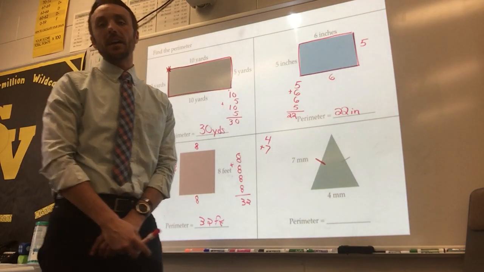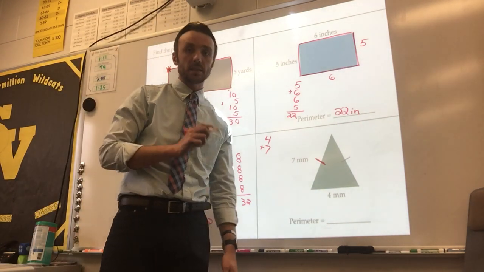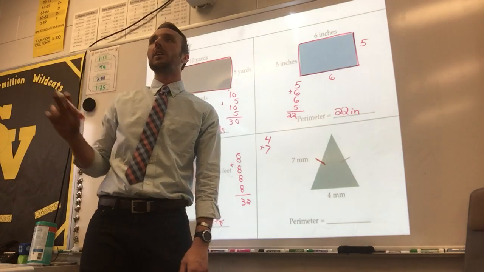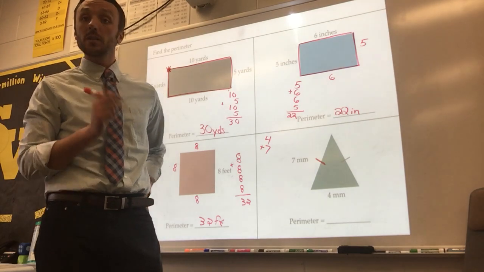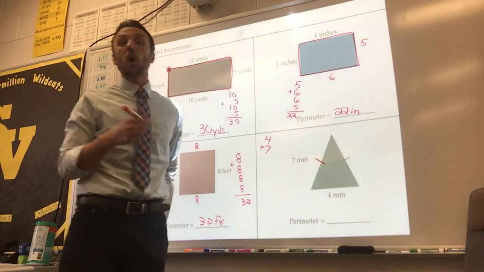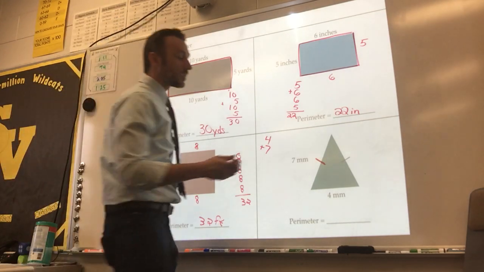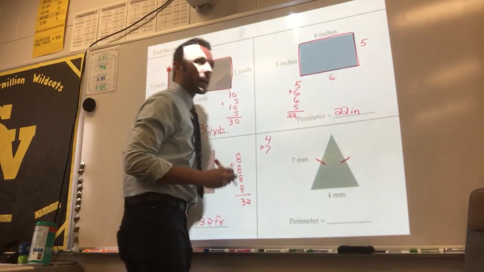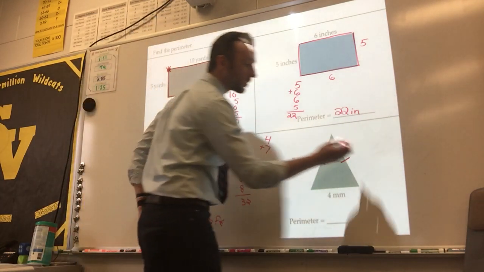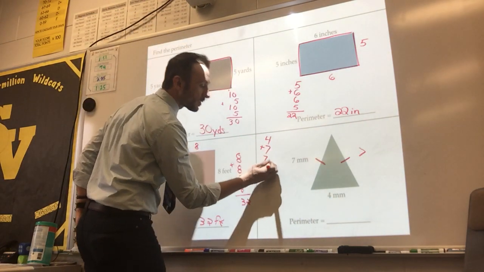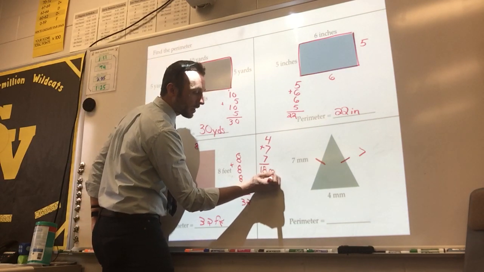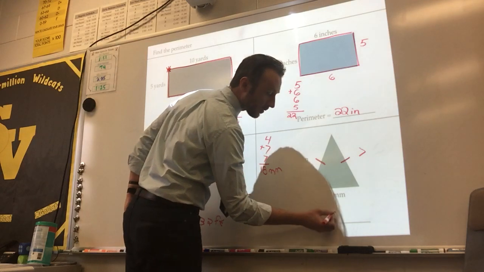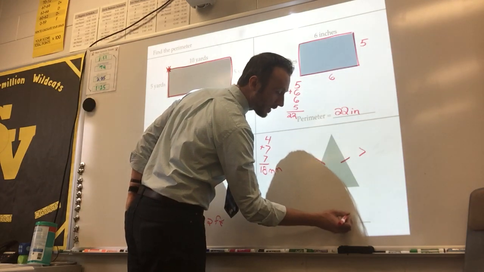If I have a shape that has a little dash on one side, and anywhere else it has that same dash, that tells us that those sides are equivalent to each other, or in other words, they are the same length. So this, since it also has that line there, would also be 7. So 7 plus 7 is 14, plus 4 is 18 millimeters. So my answer down here would be 18 millimeters.